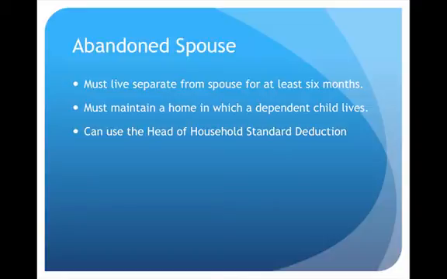Well, first of all, this is for a married person, but you must live separate from your spouse for at least 6 months of the year. You also must maintain a home in which a dependent child lives. And if you qualify under both of those rules, then you could actually use the head of household standard deduction.